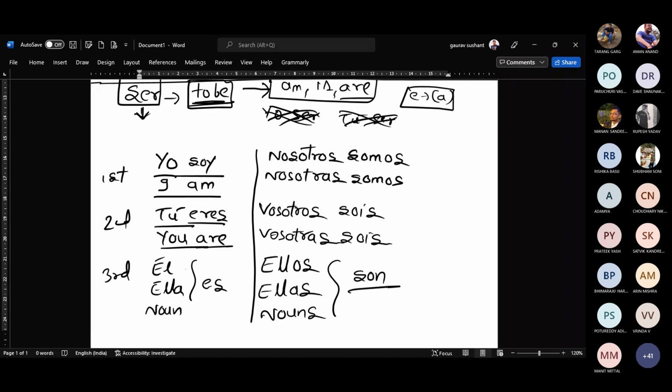There are several verbs which follow a particular pattern, which you can learn a little bit later, but for now just remember soy, eres, es, somos, sois, and son. These are the six forms. In terms of meaning, it will be "we are", "you all are", and then "they are".